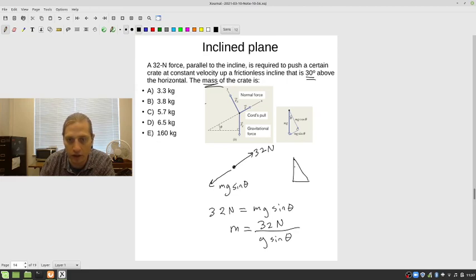If you have a 30, 60, 90 right triangle, this is 30 degrees. There's 1, 2. So sine of 30 is 1/2. So m is going to be 32 newtons over g, which is around 10, times 1/2. And so think of that as about 64 divided by 10. It's got to be this one.